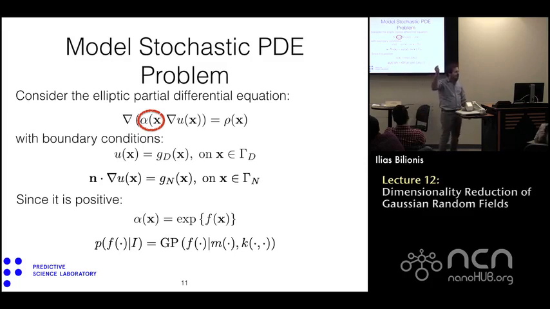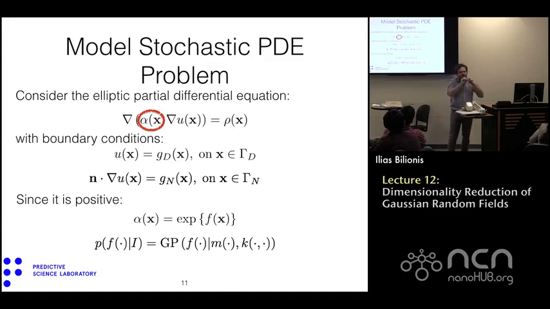Why on earth wouldn't you pick a Gaussian as a starting point, at least? Okay. So when you have no data about the permeability, assuming that it is the exponential of a Gaussian process makes sense.